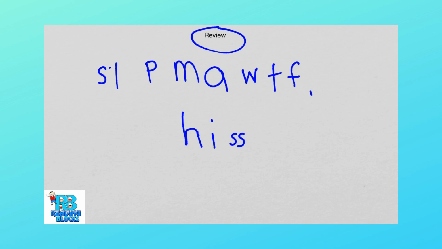And if we change our H to M, we have M, is, miss. And how about, we'll try one more. If we change our M to S, and we have sis.